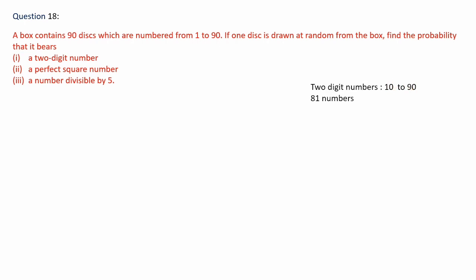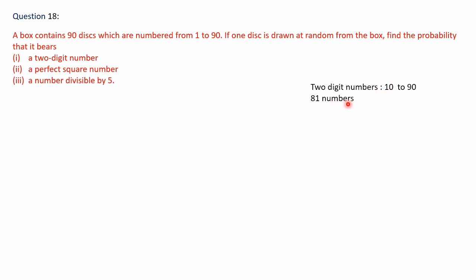So let's check how many numbers are there between 10 and 90, both inclusive. We can remove 10 first, then from 11 onwards we can start counting. 11 to 20 we have 10, then 21 to 30 we have another 10. Like that, when you count multiples of 10 up to 90, you will get 80 numbers. And we have removed 10 first, so 80 plus 1 is 81 numbers.